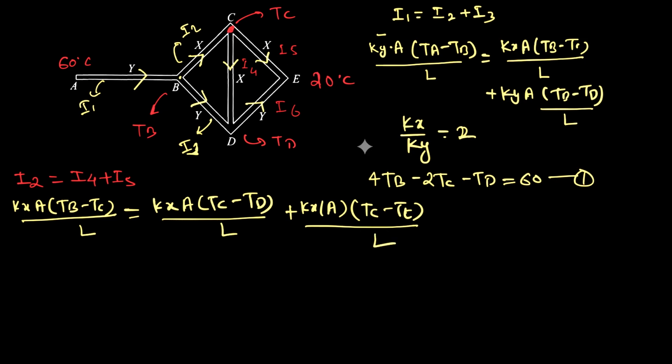If I solve this whole thing, what I'll get is minus TB plus 3TC minus TD equals 10, that is equation number 2.